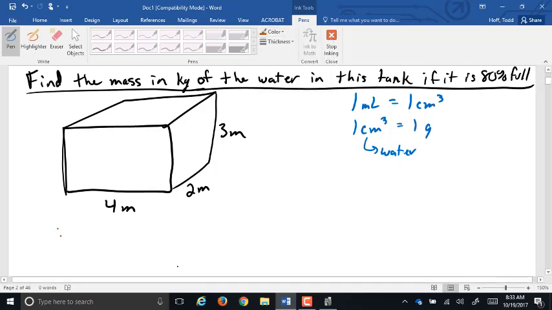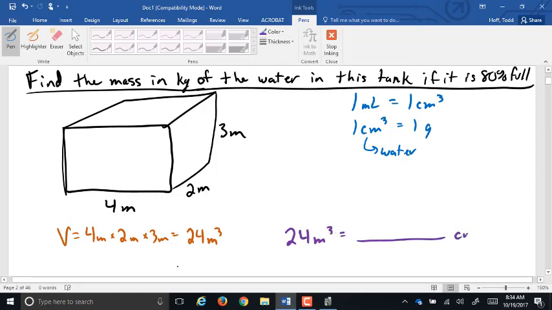So we can find the volume of this, which will be 4 meters by 2 meters by 3 meters, otherwise known as 24 meters cubed. We need to convert that into centimeters cubed. 24 meters cubed is how many centimeters cubed?